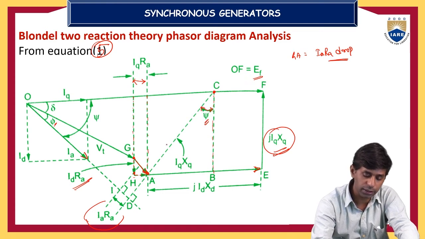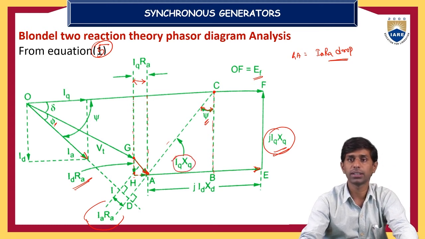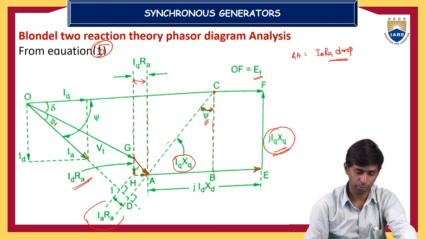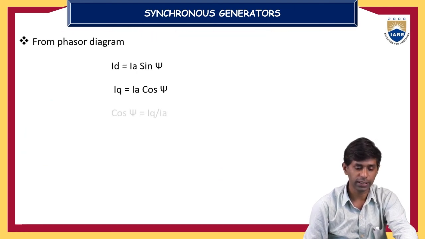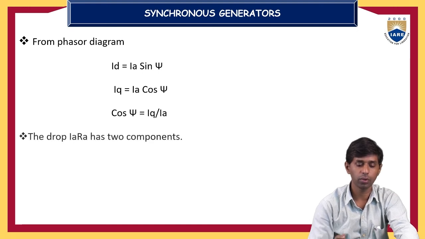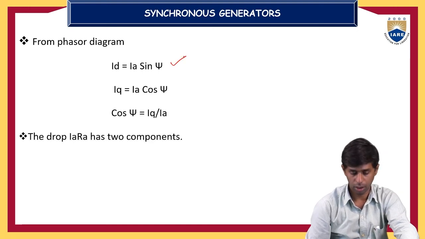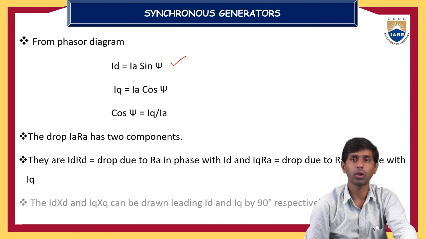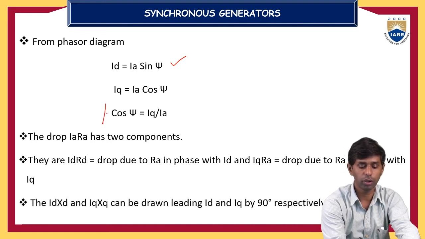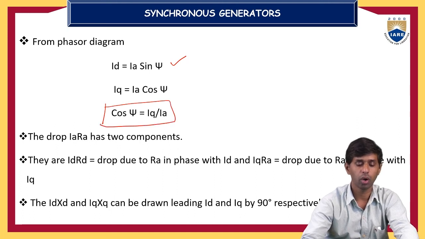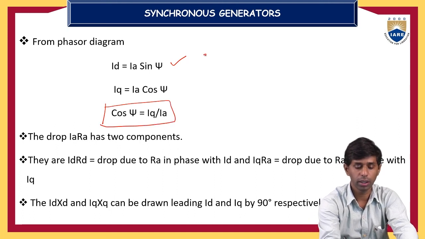This dotted line represents the IQXQ drop. So from the phasor diagram, ID is equal to IA sin psi, IQ is equal to IA cos psi. So from this, cos psi is equal to IQ by IA, and sin psi is equal to ID by IA.